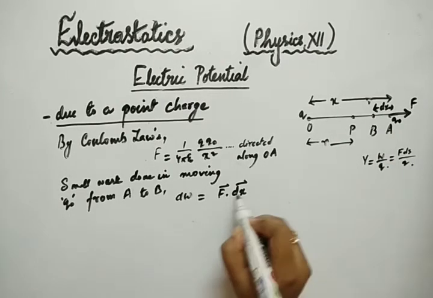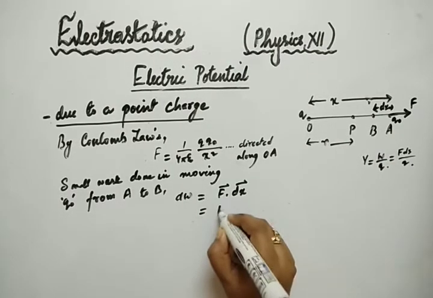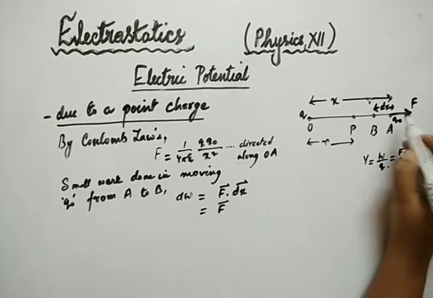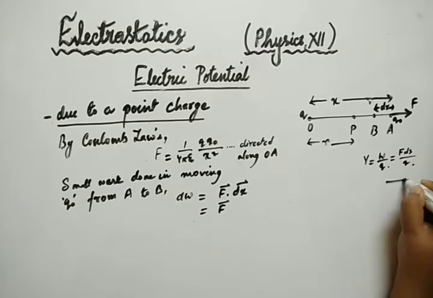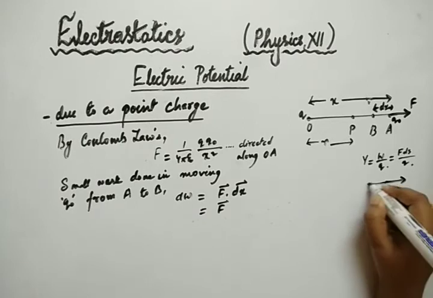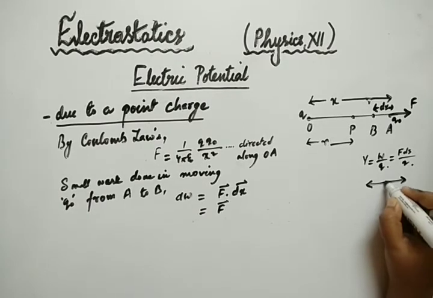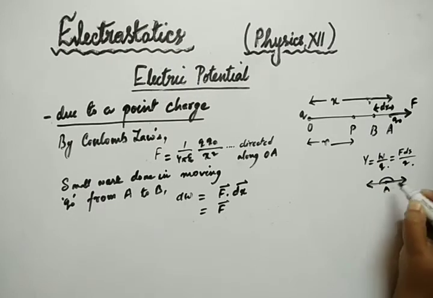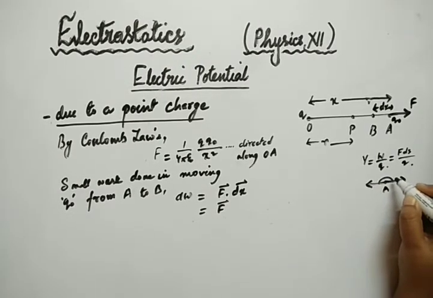Now since we know it is the dot product of two vectors, but one thing you see here, that force is in this direction, but your displacement will be in this direction. So these two are directed at an angle of 180 degrees from each other.